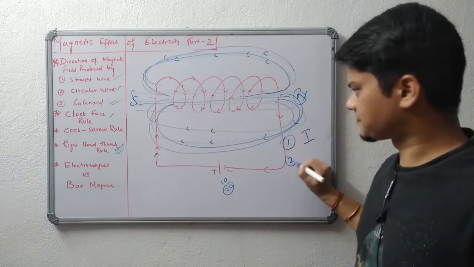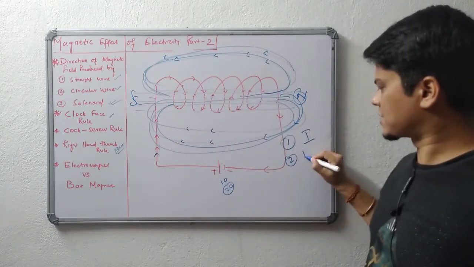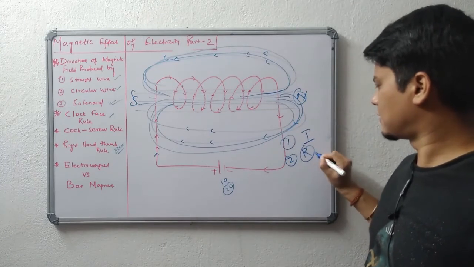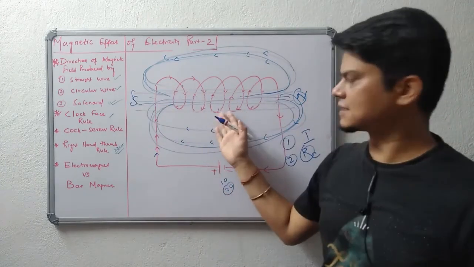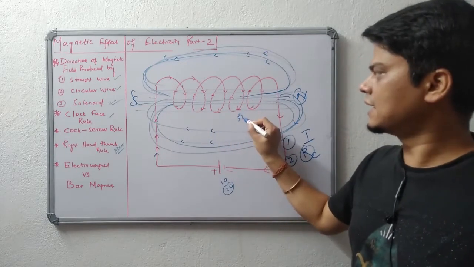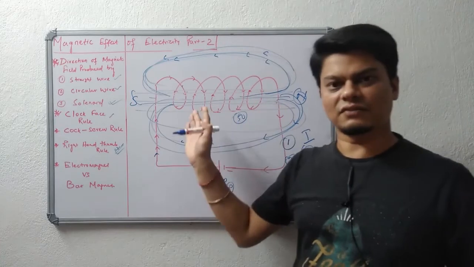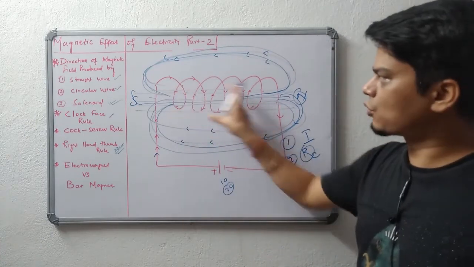Second is the number of turns of the coil. Suppose I am increasing the number of coils, this is 5 rounds, 5 turns, I am making it 50 turns, then the strength of the coil will increase. Because it will get more field area, right?